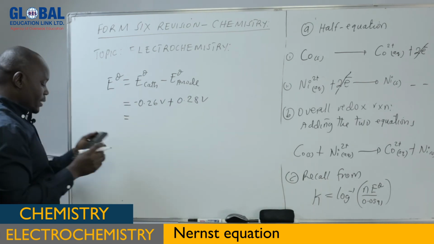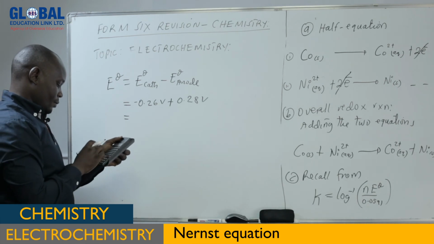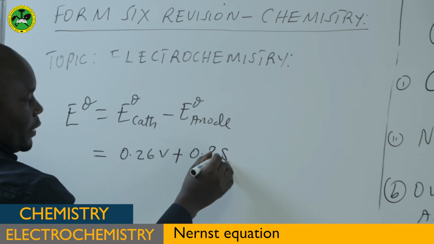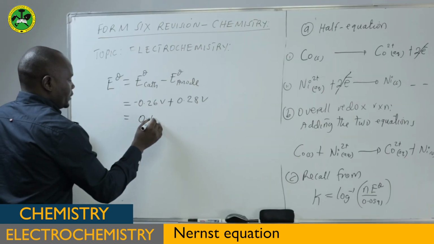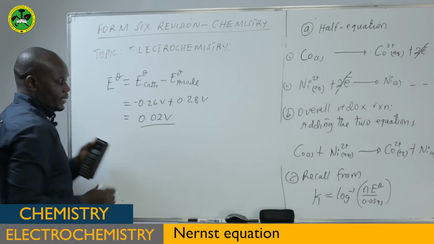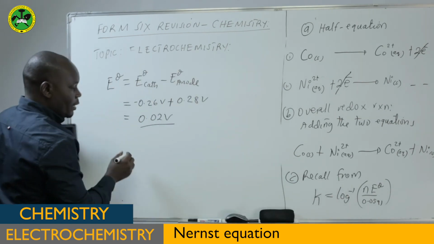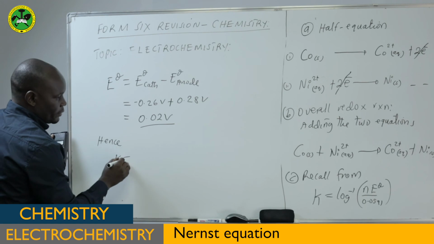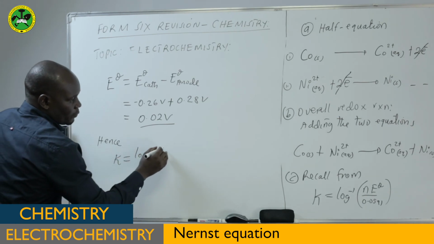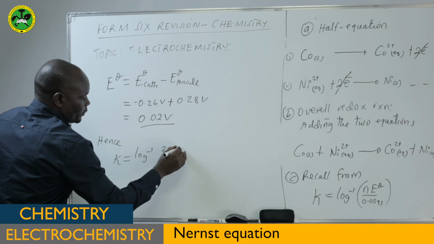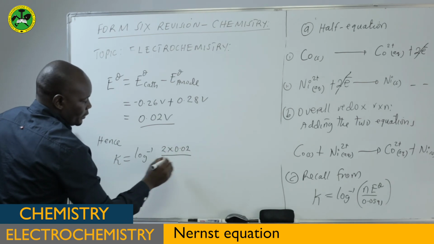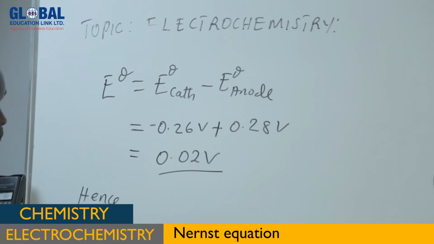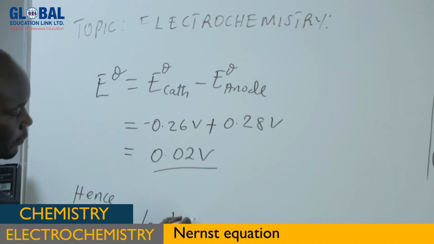So the answer will be 0.02 volts. So that will be the E of the cell there. Now if we substitute, the equilibrium constant K will be equal to log inverse of 2 times 0.02 divided by 0.0591. Then if you use your calculator, my dear student, it will be so simple.